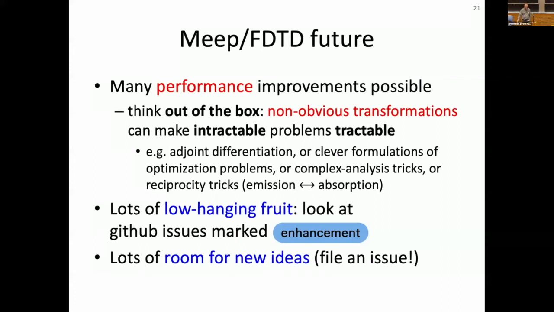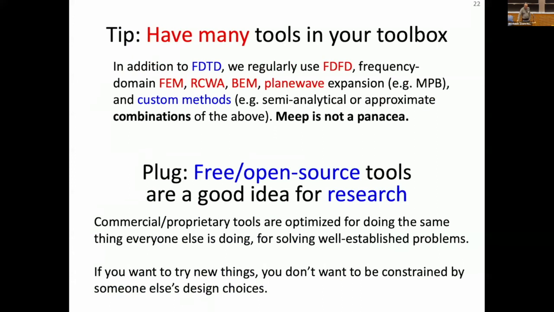And my final tip would be, as a theorist, as I said, there is no single tool that's a panacea. I'm not going to come here and say Meep is the best tool for electromagnetism. This is the only one you should be using. You should have many tools in your toolbox. And in our group, we use Meep, we use FDTD, but we use lots of other things. We regularly use finite difference frequency domain methods.